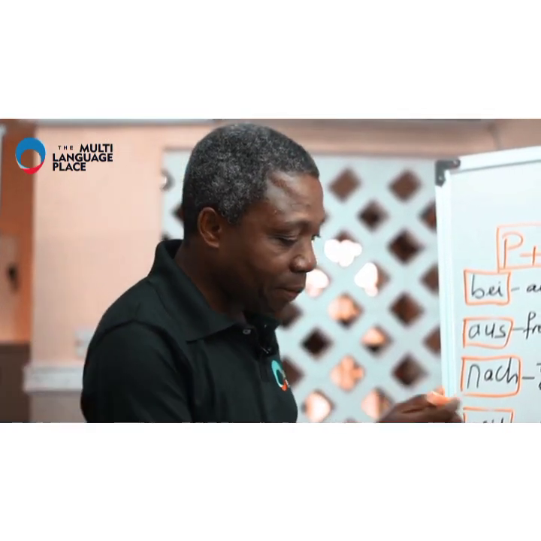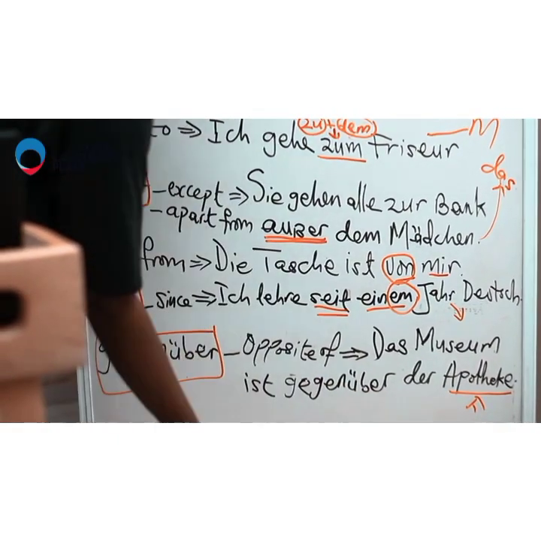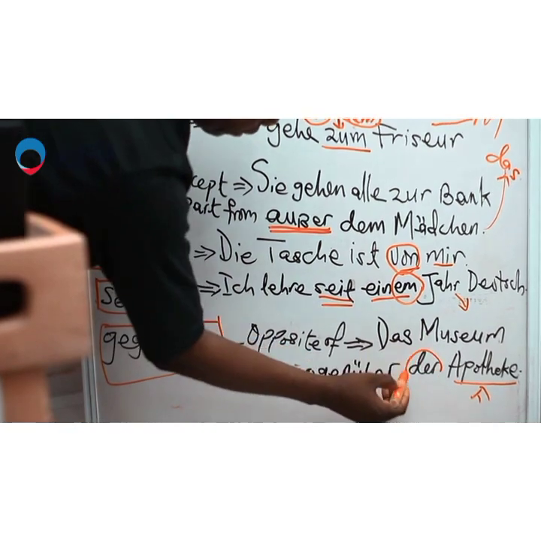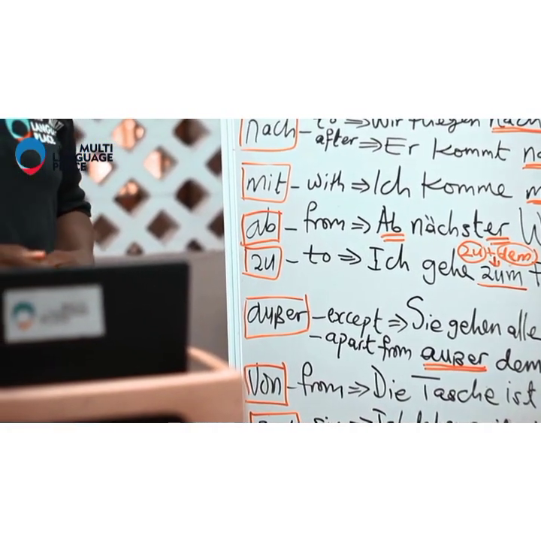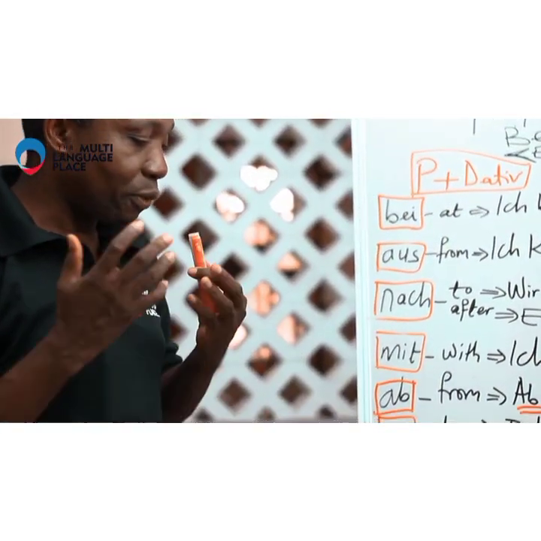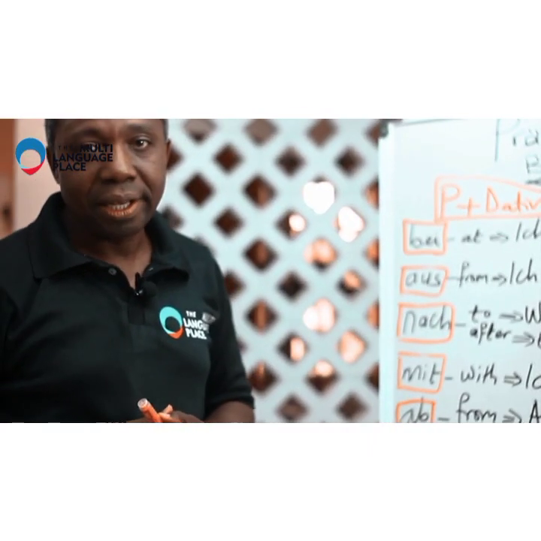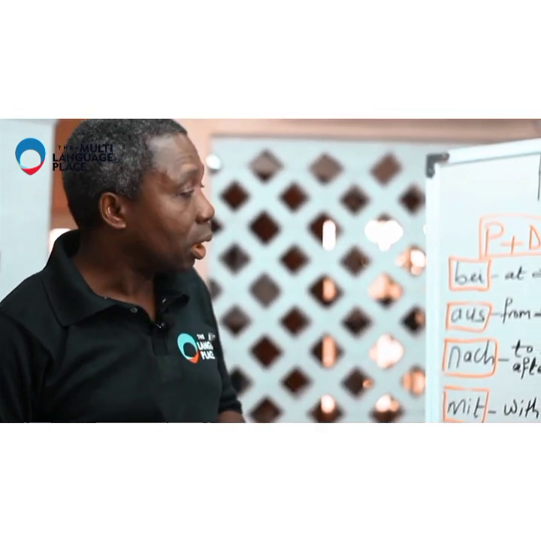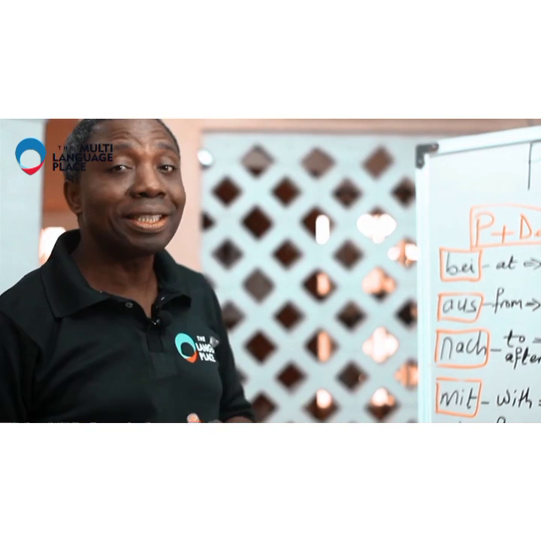And remember, because Apotheke is a feminine noun, we have gegenüber der. And that is the feminine dative singular, der. So with that, we come to the end of the prepositions that are controlling dative.